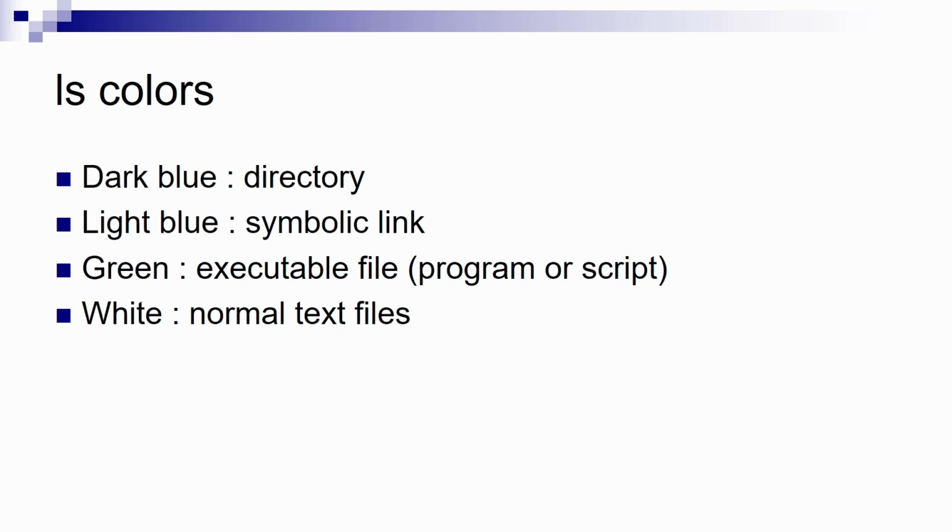Then you have also the color green, which represents an executable file like a program or a script. And you have also white, which means usually normal text files. So any file that is not executable or of any special sort will be in white.